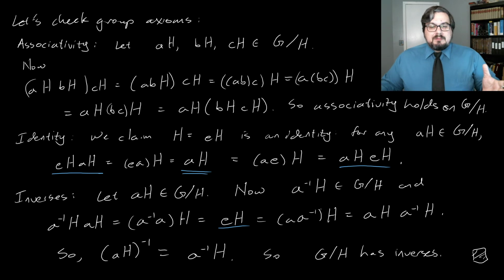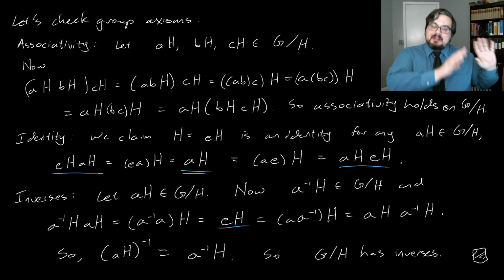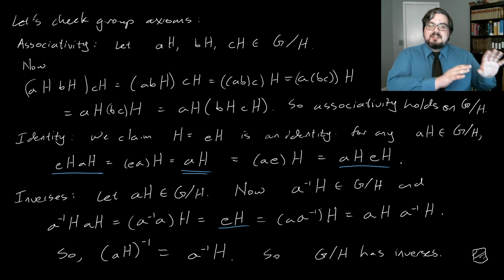Now I want to talk briefly about something that becomes fairly clear when we're looking at this argument in particular right here. We didn't have to do really anything in order to prove that the factor group G mod H is in fact a group. Once we have the well-definedness, that was something we needed to do.